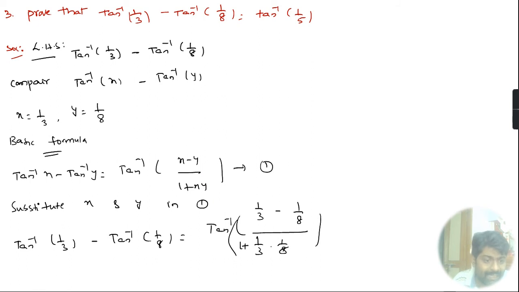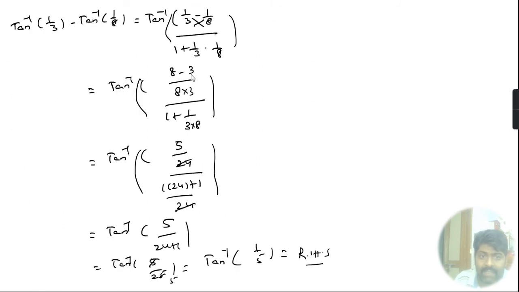So we get tan inverse of 8 minus 3 by 24 plus 1 by 24. 24 cancels. 24 into 1 is 24, 24 plus 1 is nothing but 25. 5 1 jar, 5 5 jar. So finally we get tan inverse of 1 by 5, which is equal to RHS.